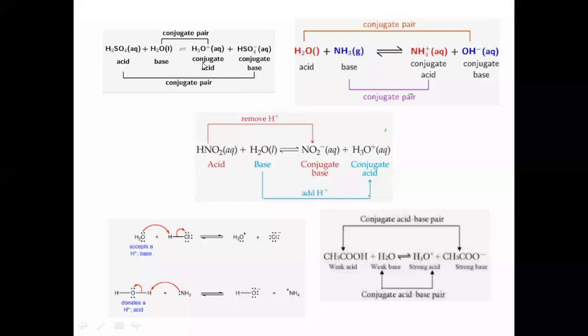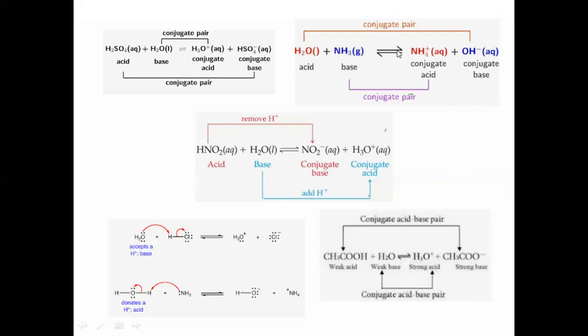So this is called a conjugate acid, and this is called a conjugate base. The acid on the left-hand side and its conjugate base on the right-hand side are called a conjugate acid-base pair. Similarly, this is the base and this is the acid, so these two are also a conjugate acid-base pair.